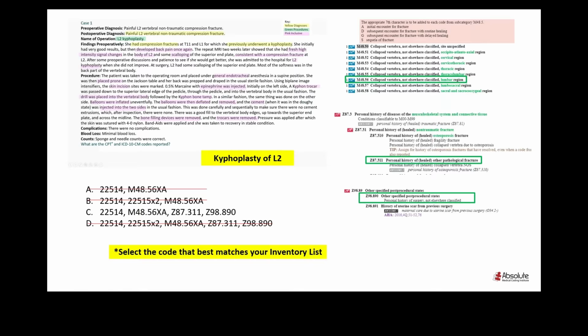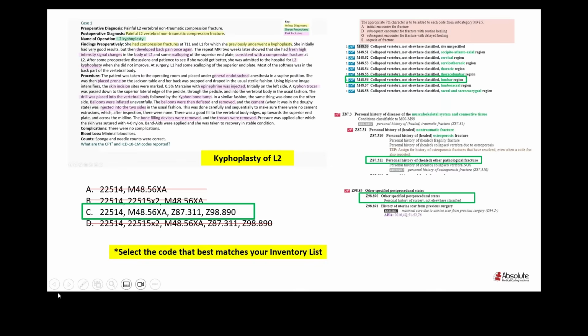Since we don't have a specific code for kyphoplasty surgery history, we can use Z98.890. So with that given, option A is incorrect, and the correct answer is going to be option C: 22514, M48.56XA, Z87.311, and Z98.890. So I hope the explanation helped, and the graph and the image as well.